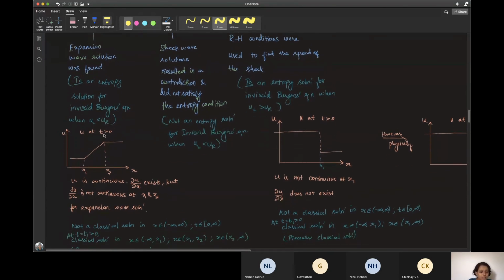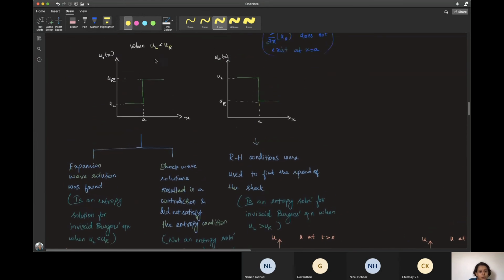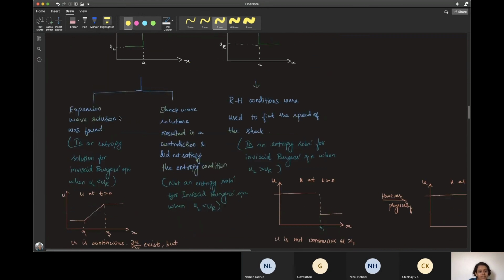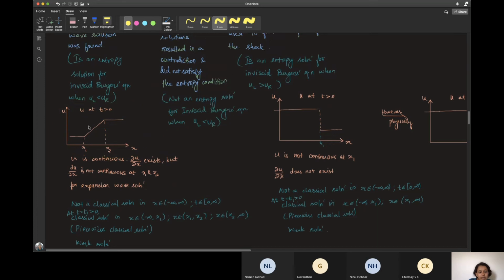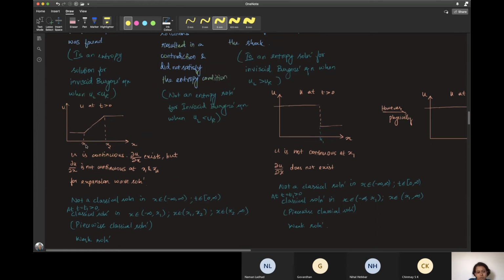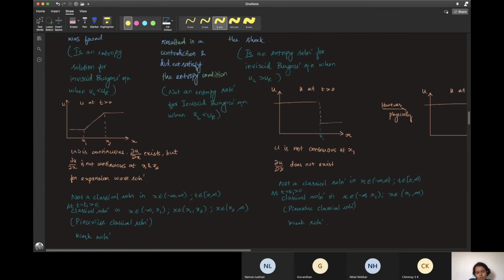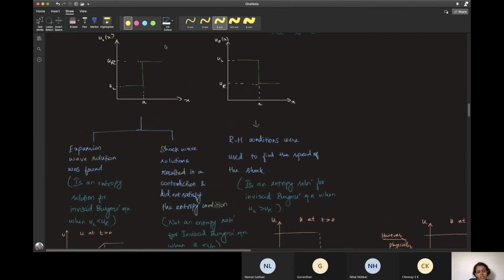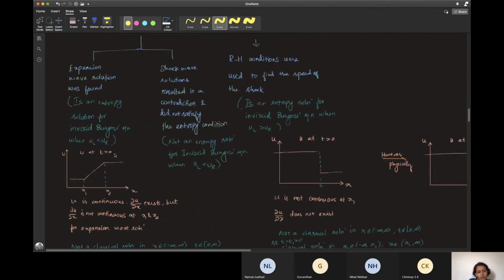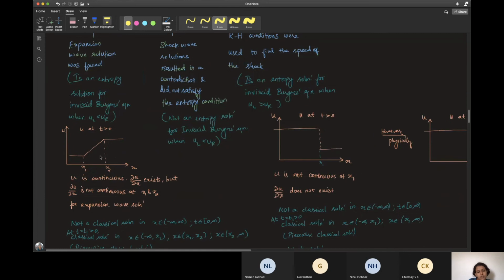So I've just drawn the solution profiles here at some time t greater than 0. This is the profile at t equals 0, and this turns out to be something like this at t greater than 0. So when we move on from the initial condition, when you start evolving over time, you get some profile like this. Your wave starts expanding.